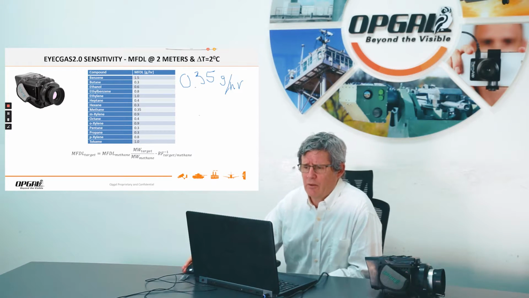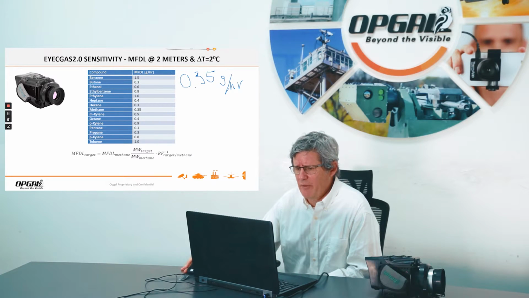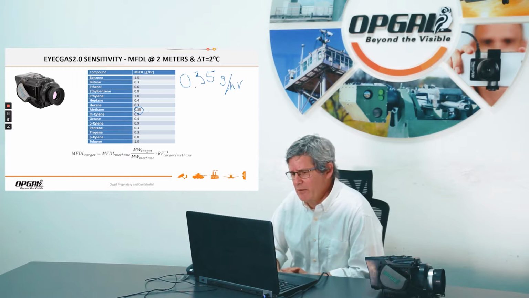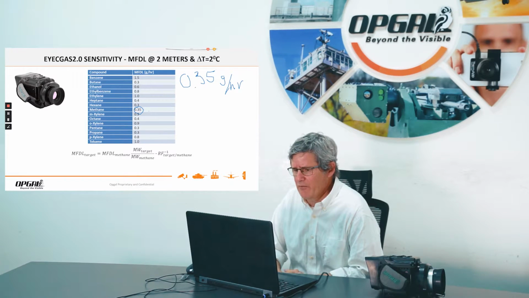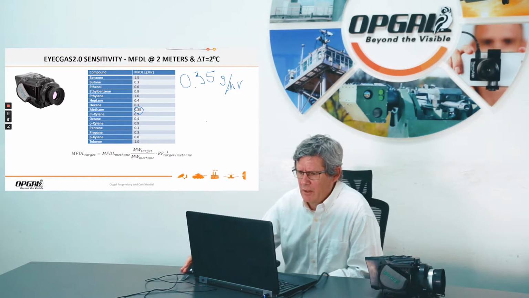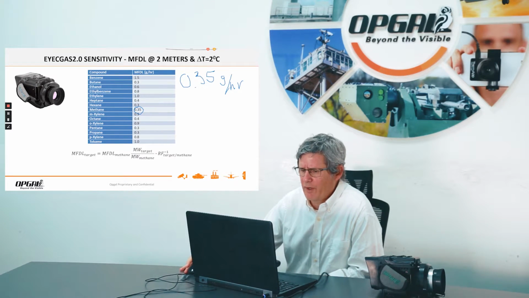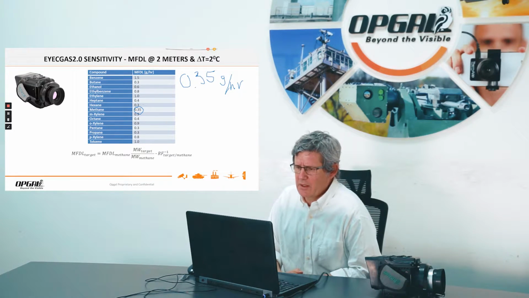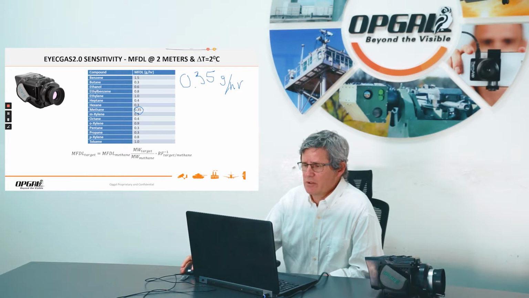We have calculated all of this. For methane, it is 0.35, and it has been done several times, in France and in Israel. This number always comes back to 0.35 grams per hour for methane, or 0.34. This small amount of methane leak we can see in these ambient conditions with only 2 degrees temperature difference.